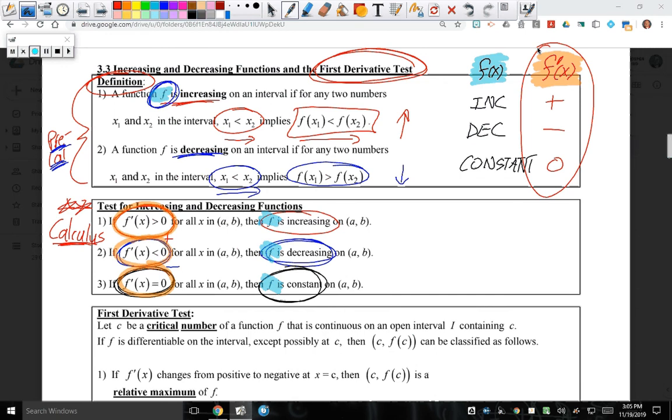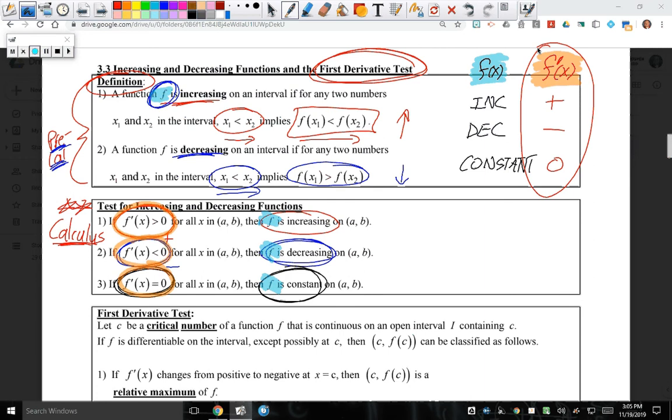So f prime of x says it all. What does f double prime say? It says the same thing, but of what function? F prime. So f double prime will rat out f prime. F prime will rat out f of x. You with me? You understand, right? As far as just the analogy.